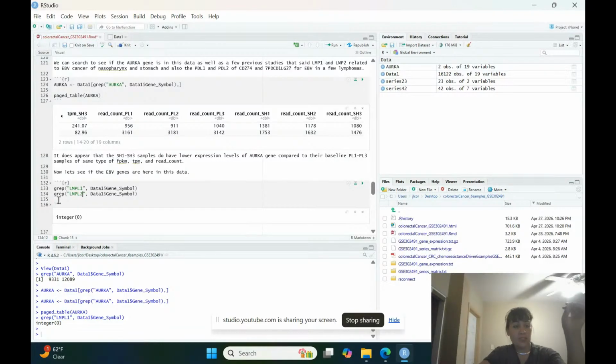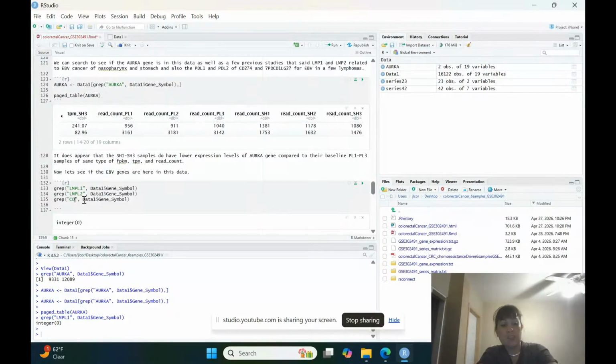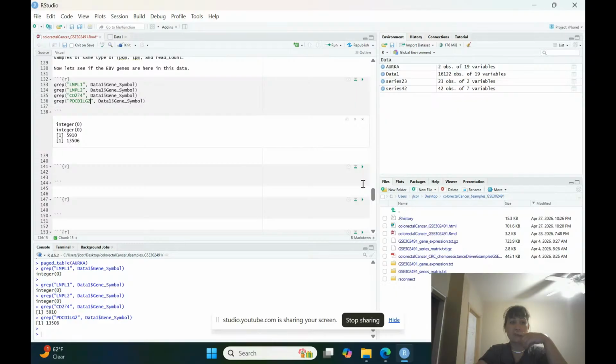Let's see. CD274 and PDCD1LG2. Let's see. Oh, we got something. We do have the CD274 and PDCD1LG2. All right, cool.